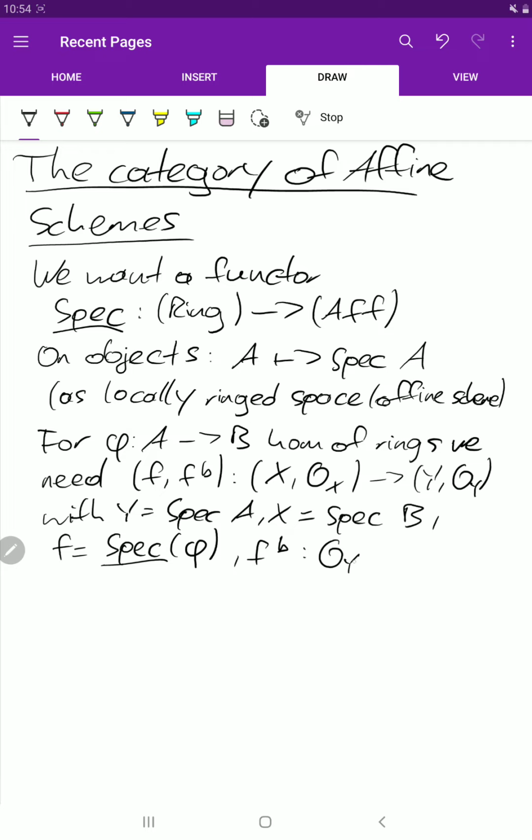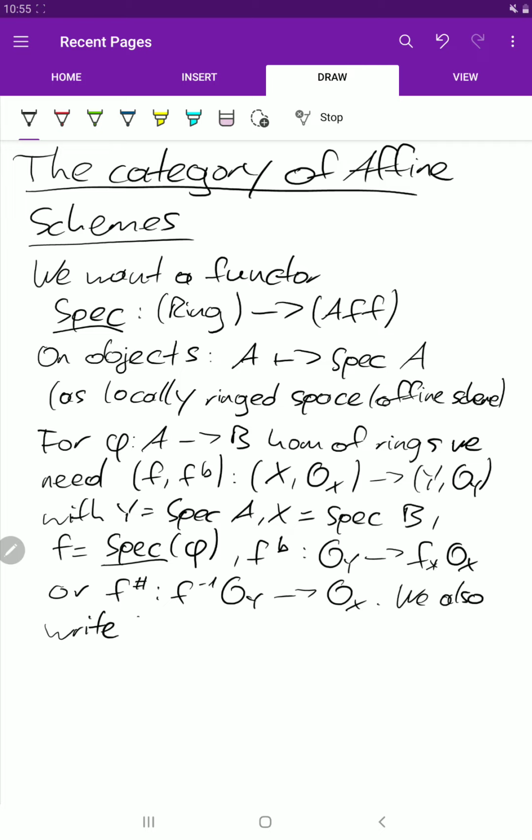f^b from the structure sheaf of Y into the direct image of the structure sheaf on X, or equivalently, we've seen previously that we can use the inverse image of the structure sheaf of Y into the structure sheaf of X. And what I already mentioned before, we introduced some notation, so we'll write, instead of spectrum of phi, just a phi with a star.